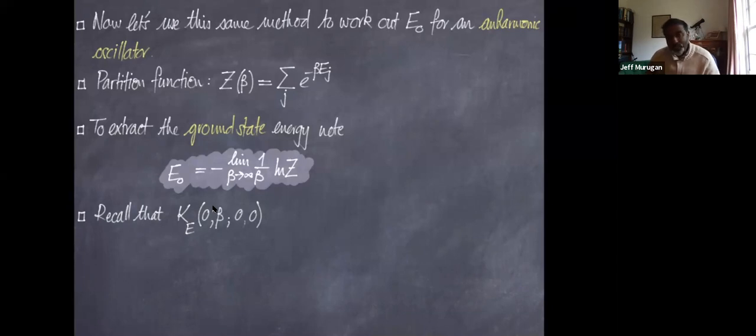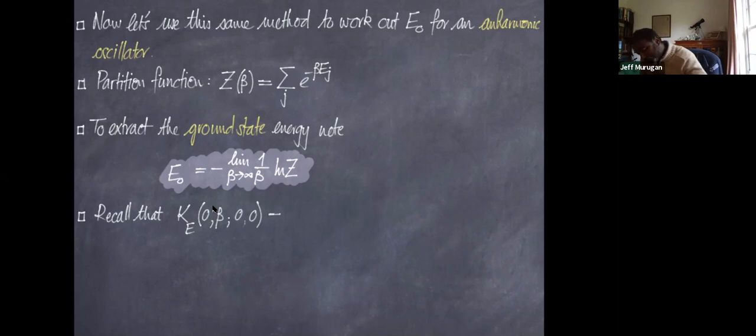I'm calling it Euclidean here because I've set t equal to minus i beta, and then made an analytic continuation to tau, which is beta, and that gives me the Euclidean path integral.